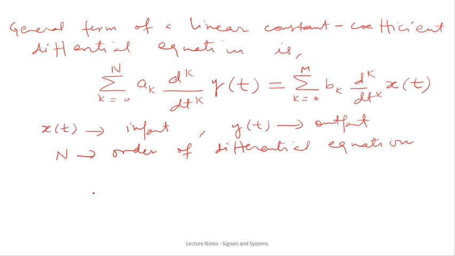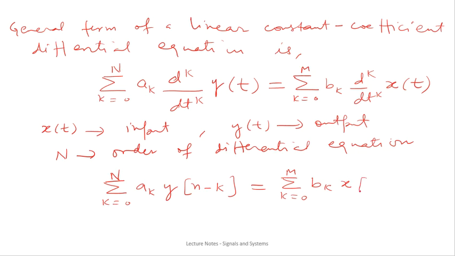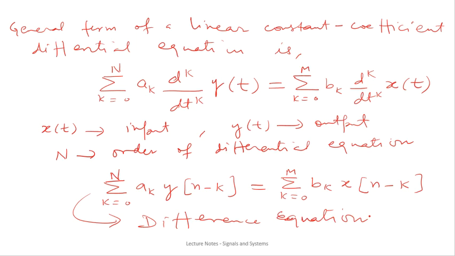And the difference equation will have the general form with terms like x[n-k]. So this is the difference equation, because the input and output you are already seeing here are discrete time, and therefore this system will be a discrete time system.